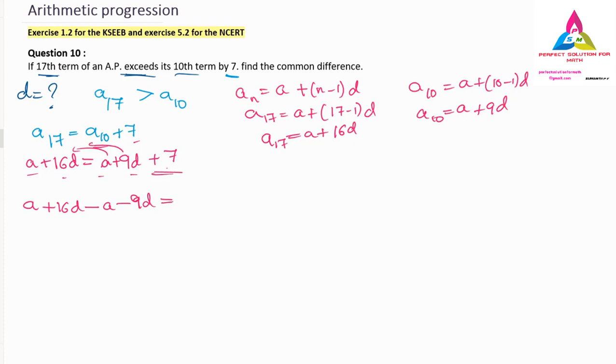What is left over here is 7, plus 7. So plus A minus A, both of them will get cancelled. So what is 16D minus 9D? In 16 if you minus 9, you are going to get 7. So positive 7D, because 16 has the positive sign, that is equal to 7.